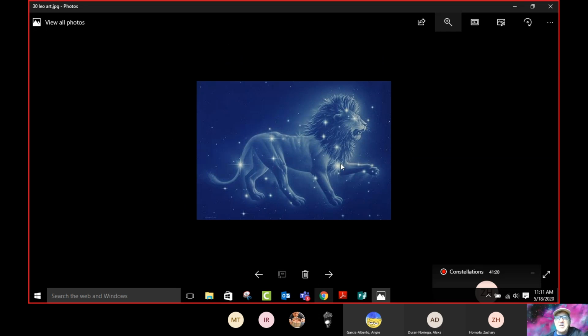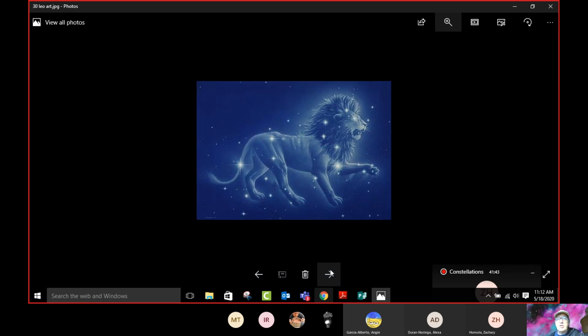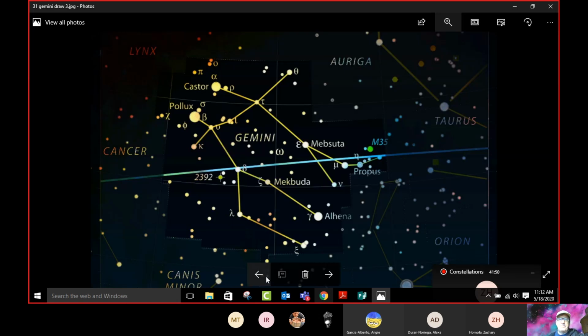I see it lying down myself, but that's okay. So do you see the backwards question mark right here? Forming the mane. And then here's those other three stars we were adding in to make up the rest of the constellation so that the whole thing ends up looking like that. This is a very bright star right here called Regulus. A blue giant right there at his heart. Okay, so that's Leo the lion.